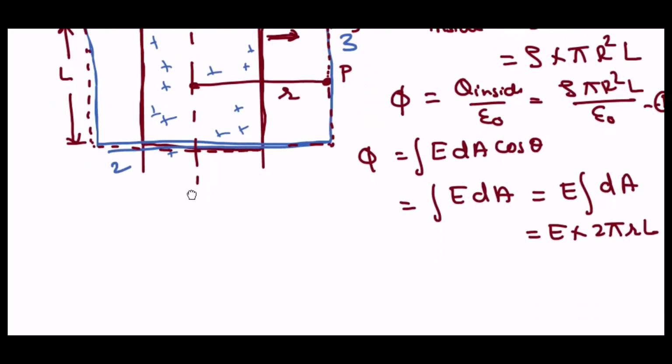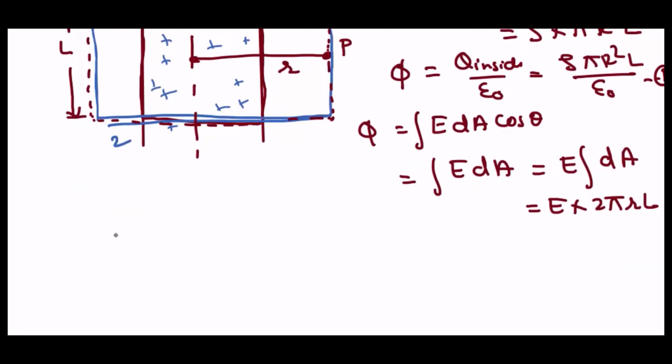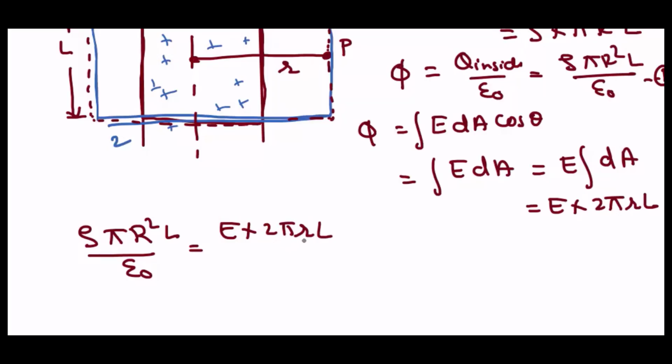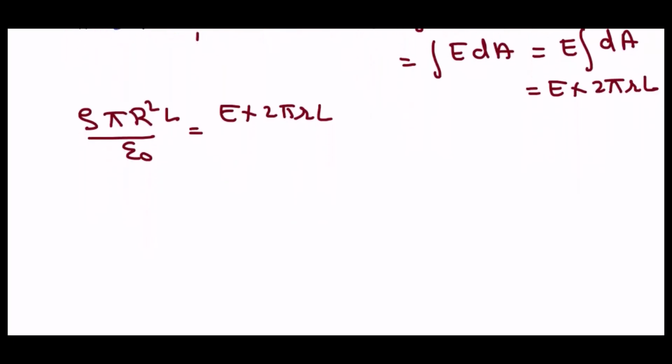We will equate these two terms now. So if I equate, I'll get rho pi R square L by epsilon naught is equal to E into 2 pi rL. So pi and L will get cancelled out. So rho R square by epsilon naught is equal to E into 2 into r.